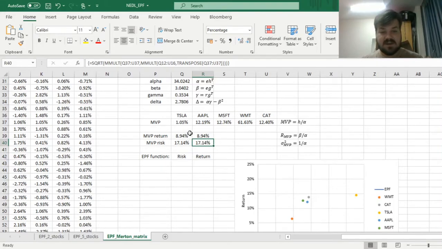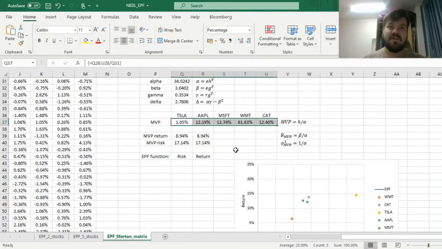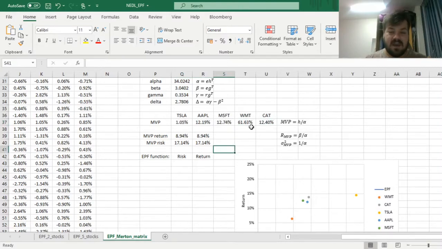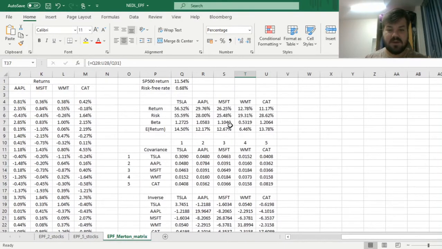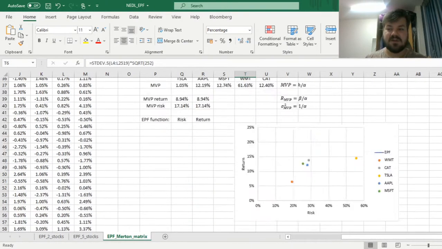So it means that this formula for the MVP, for the minimum variance portfolio, indeed gives us, as an output, correct portfolio weights that can be easily interpretable as capital allocations towards particular stocks. And we can see here that the minimum variance portfolio heavily invests in Walmart. It's unsurprising, Walmart being the least risky individual stock here.